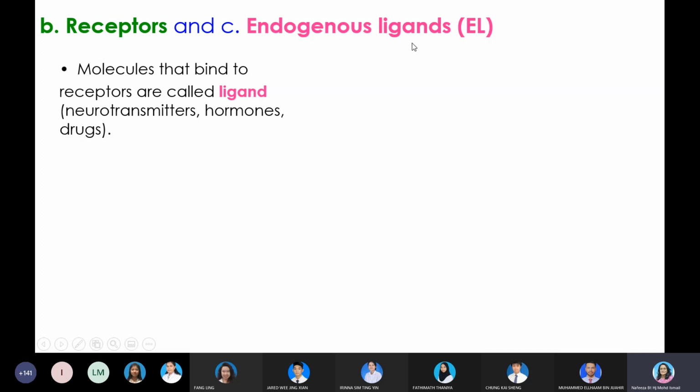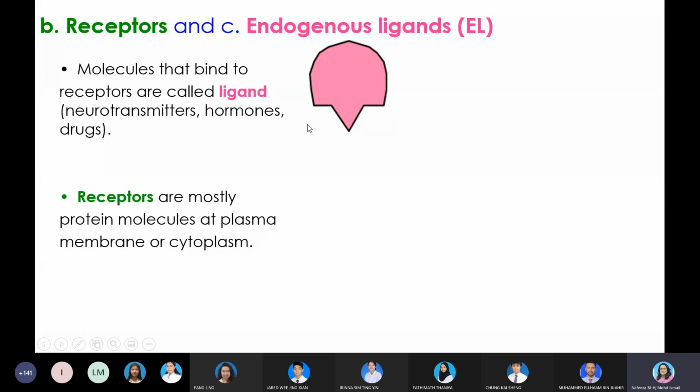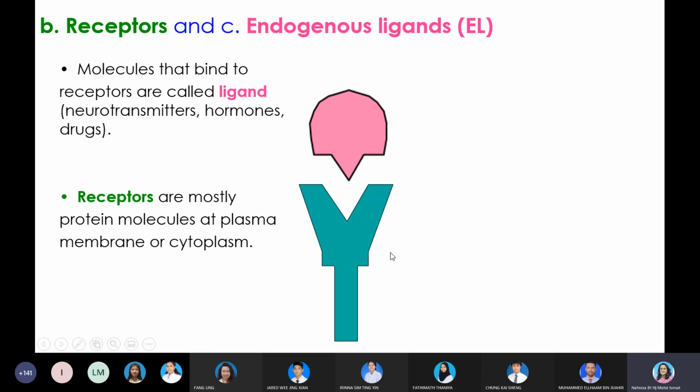And you know why we have to know this? Because no drug can produce a new effect in a person. It actually modulates what an endogenous ligand does, right? So let's pretend this is the endogenous ligand. And what are receptors? They are mainly molecules, and they can be found on the cell. This shape depicts a receptor, all right?